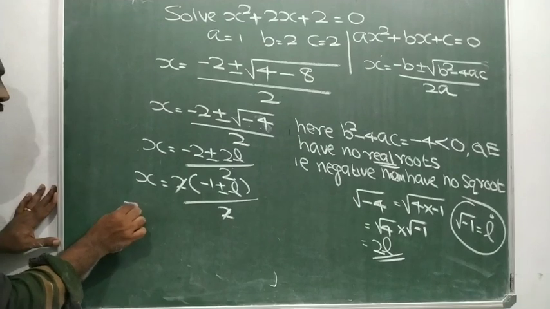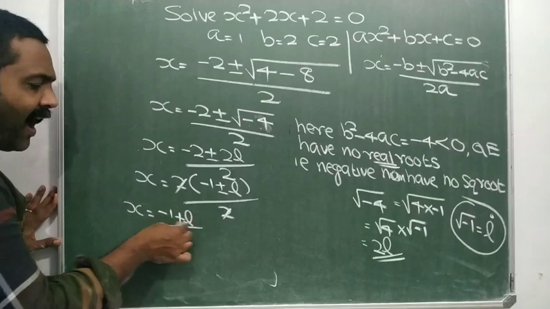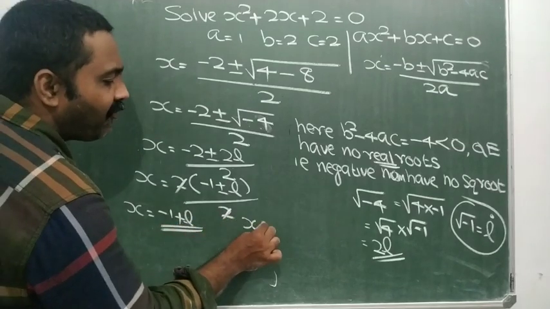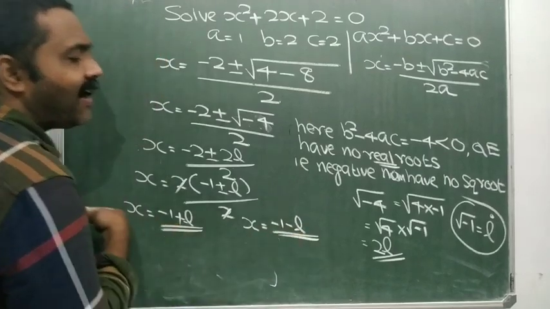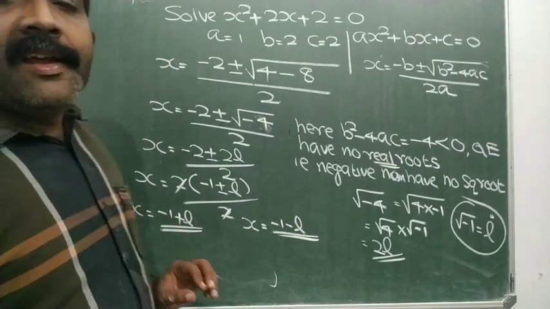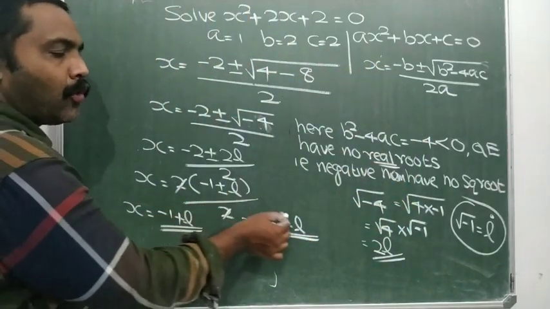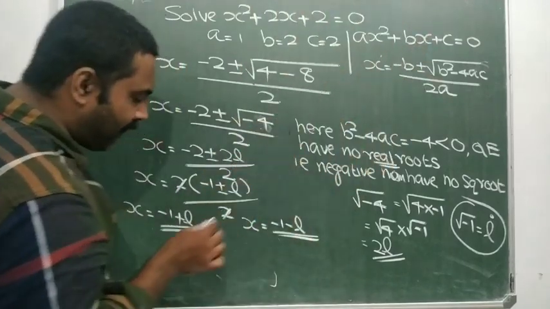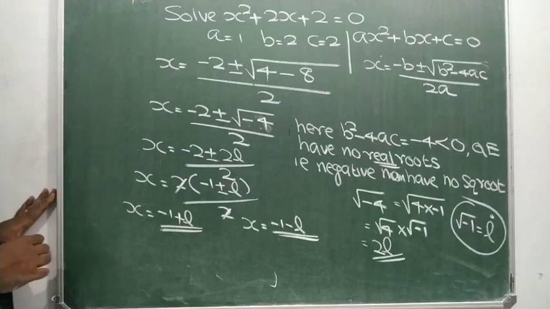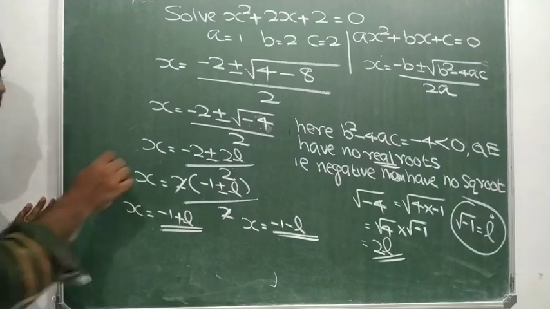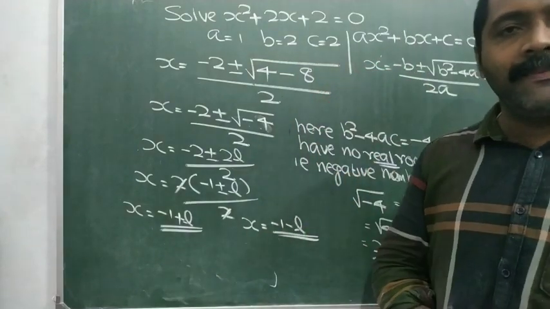That is, the value of x is equal to -1 plus I, or the value of x is equal to -1 minus I. Here we get 2 solutions. What are the solutions? -1 plus I, -1 minus I. These numbers are not real numbers.